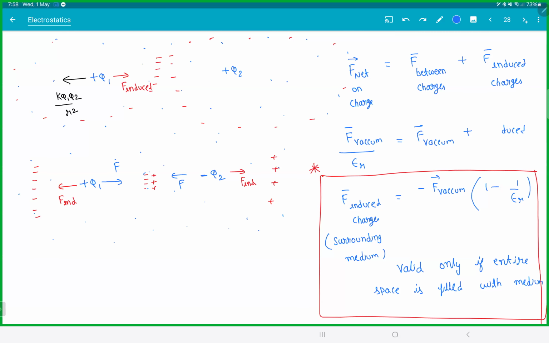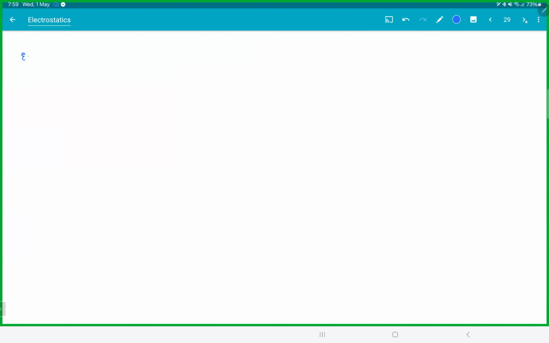Now, how will they frame this question in the exam? See, I'll show the page. Just look at this example. They will say we have two charges Q1, Q2 in vacuum. Force between them is F. Now, if the charges are immersed in a medium, epsilon r is equal to 5. This thing is also called the dielectric constant. There's another name for this.